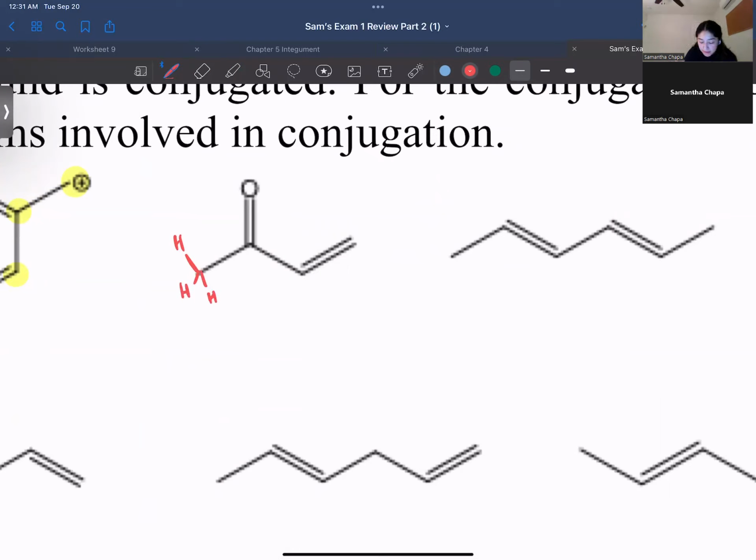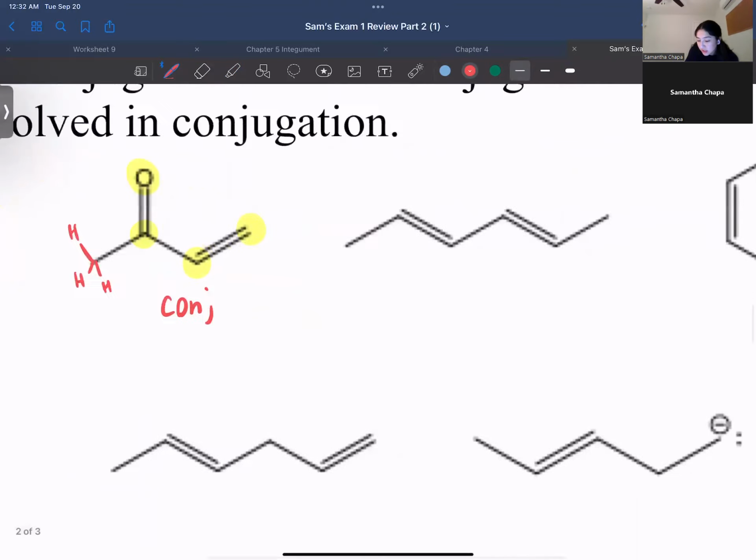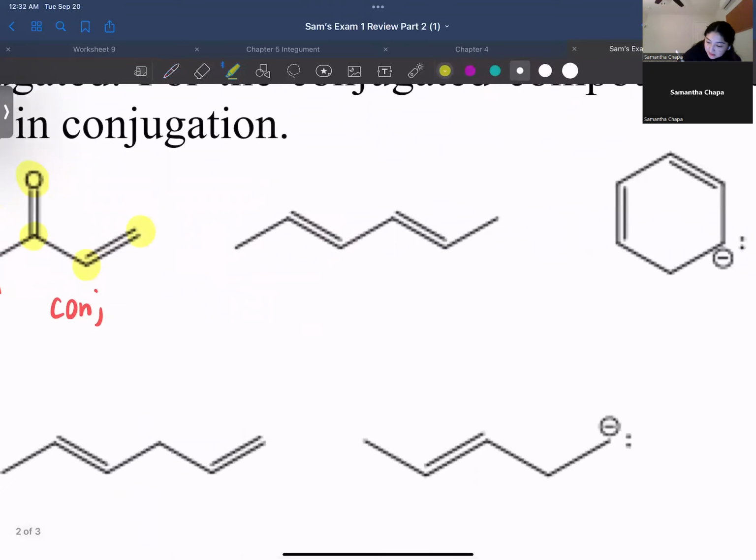So since this carbon has those four bonds to it, nothing can resonate on it. Down is sp3, so we don't even mind that one. But this carbon is sp2, this carbon is sp2, and this carbon is sp2, as well as the oxygen is in sp2 form. So then here we are conjugated because we have 3 consecutive sp2 atoms. So conjugated, not completely conjugated, but conjugated nonetheless.